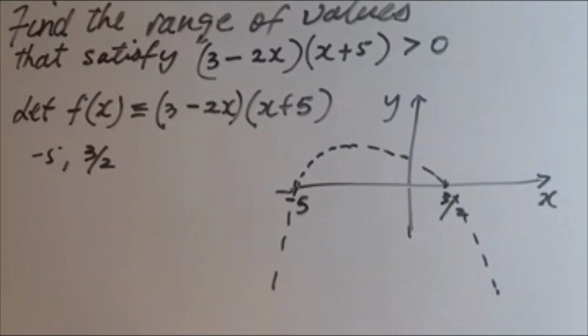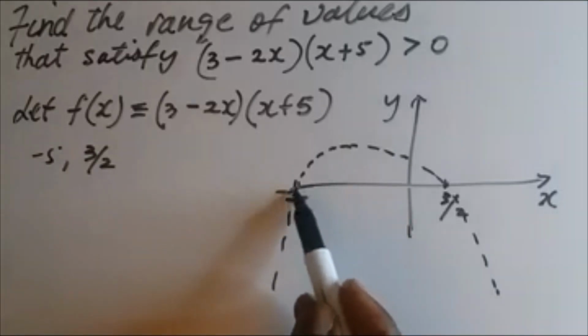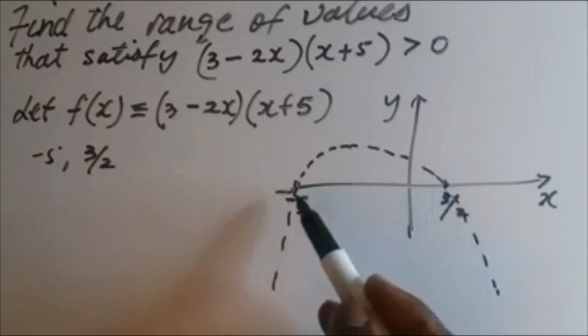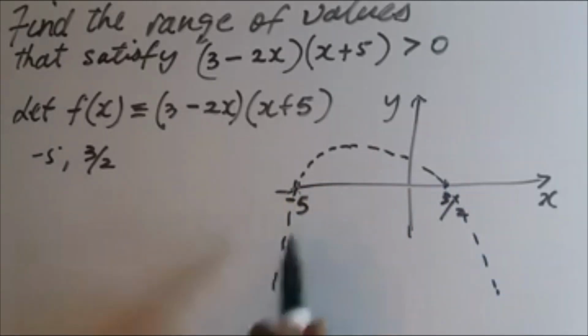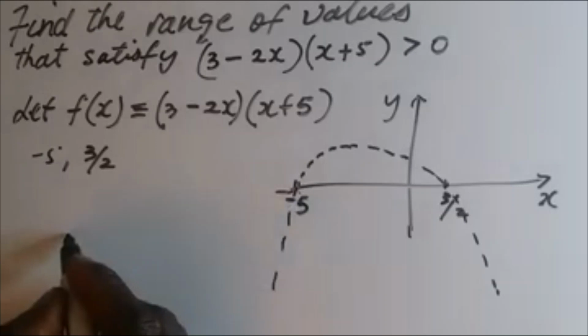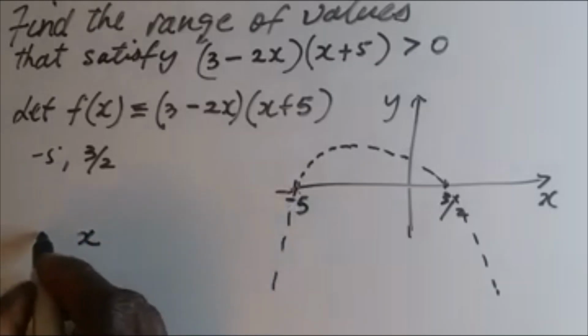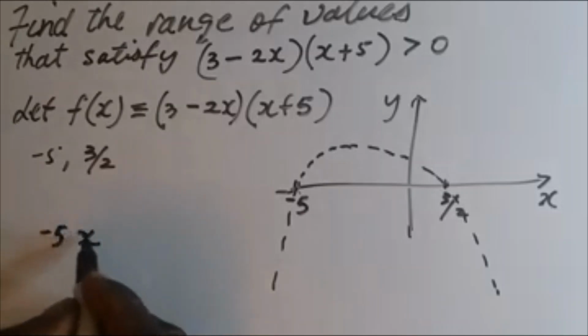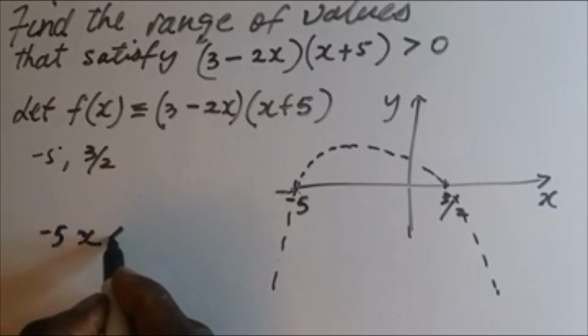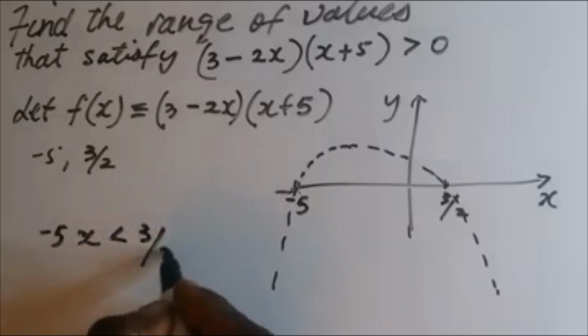We're looking for positive values, so they must lie between -5 and 3/2. So anything greater than -5 and less than 3/2.